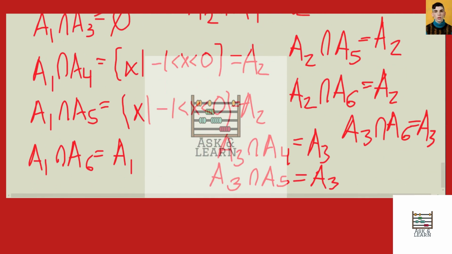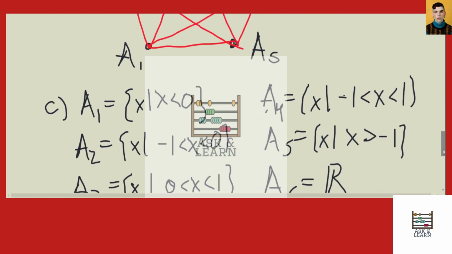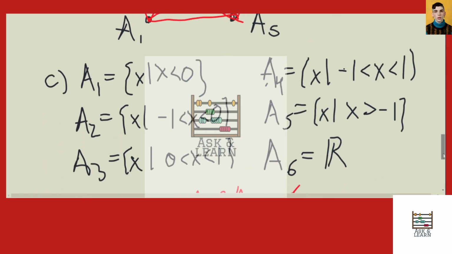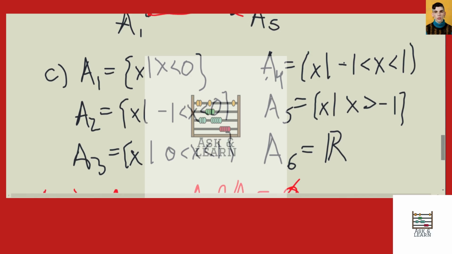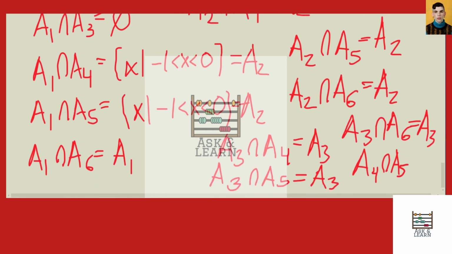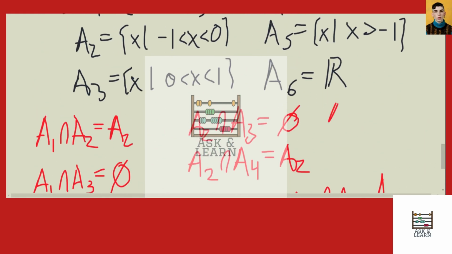We have that A4 intersect A5. We have that x must lie between -1 and 1, but it must also be greater than -1. This is just x is between -1 and 1, so this is A4. And we have that A4 intersect with A6 equals A4.